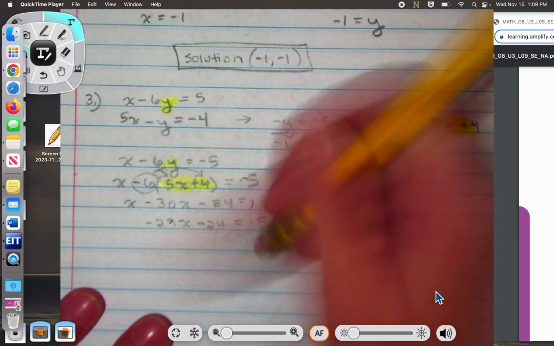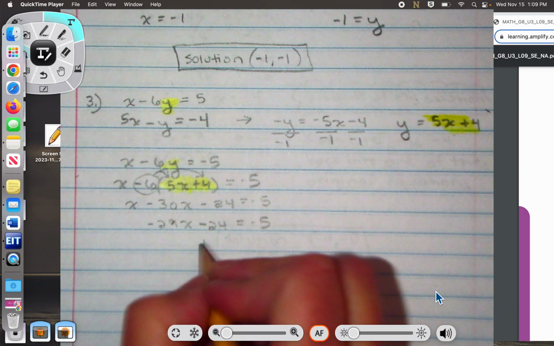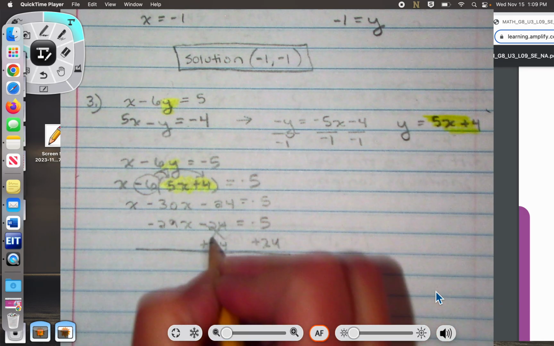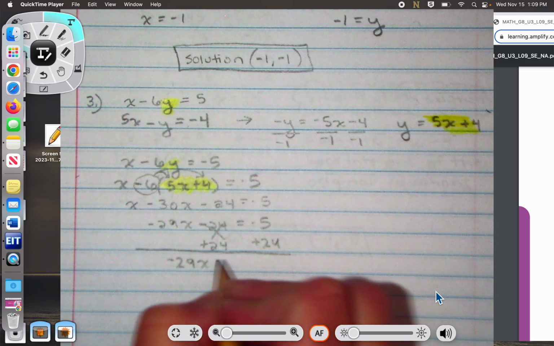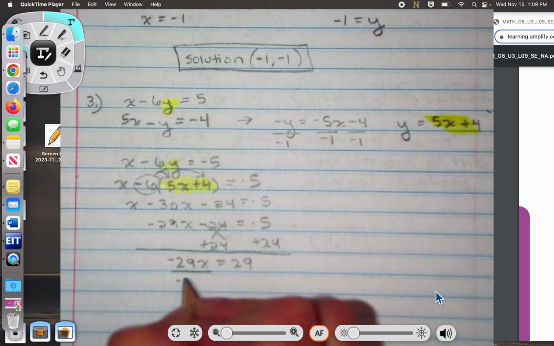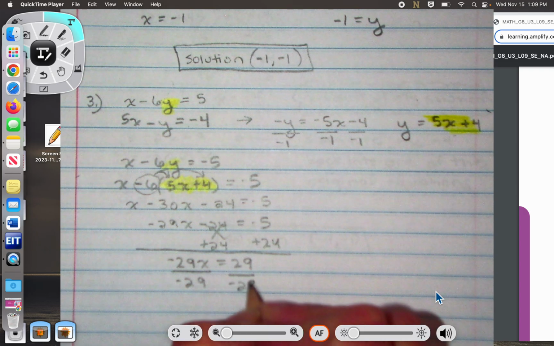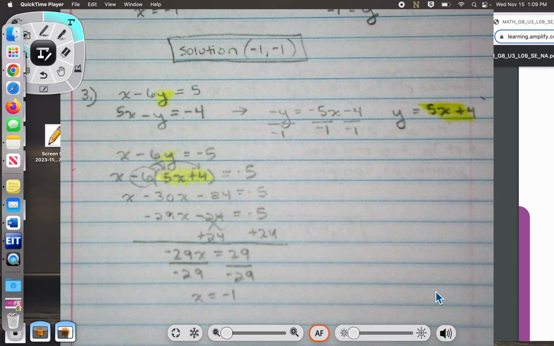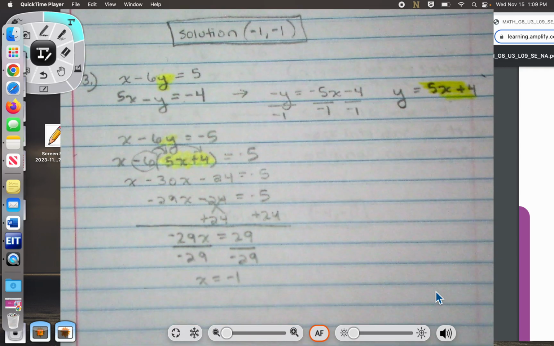This is just a positive 5. It's supposed to be a 5.